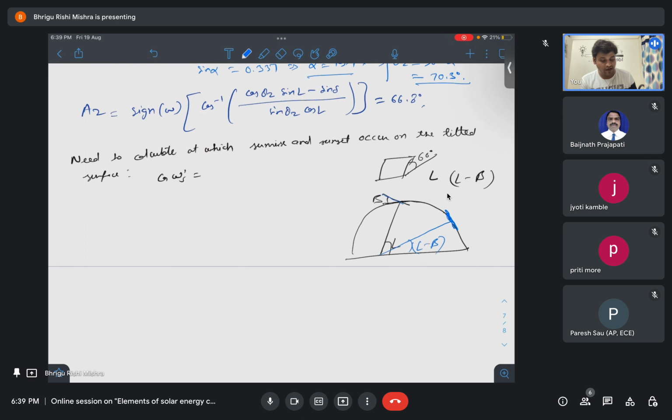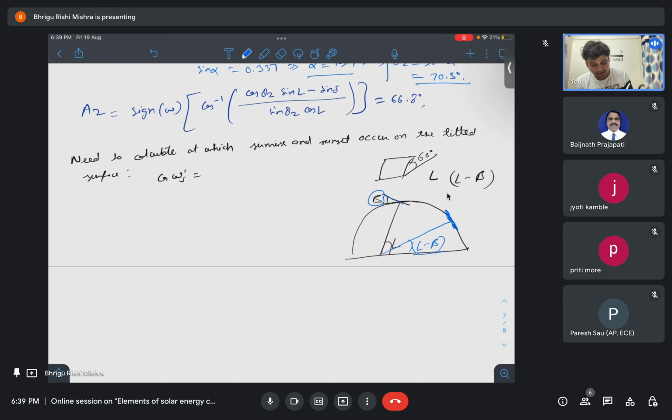Whether we consider latitude L and tilt angle beta, or a latitude of L minus beta, both give the same value. So for the tilted angle, L is replaced by L minus beta.